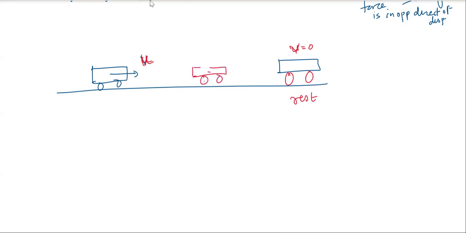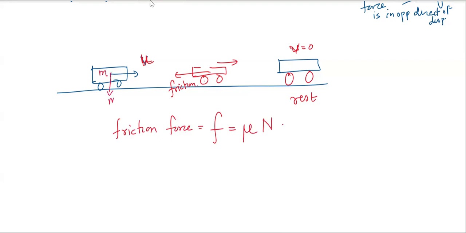The car was experiencing a backward friction force while it was moving in this direction. The friction force F depends on the coefficient of friction and the normal. If this car has some mass m, then mg will be balanced by the normal force, and we can write this as mu mg.